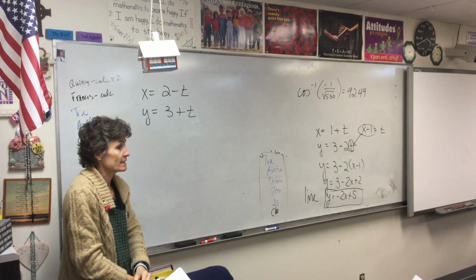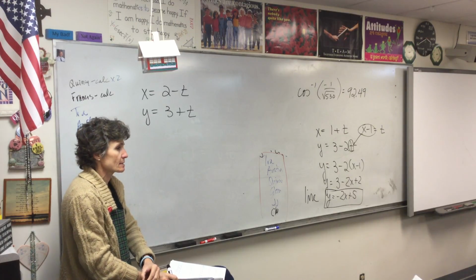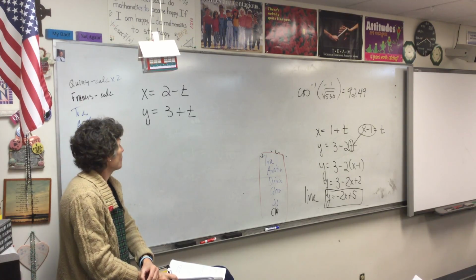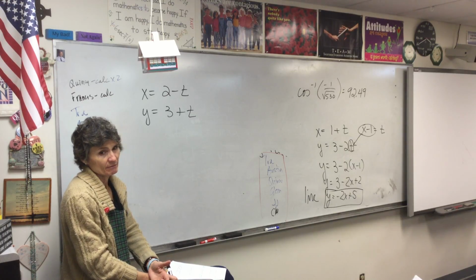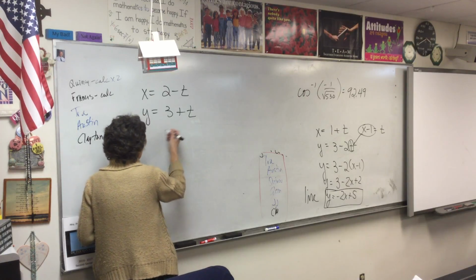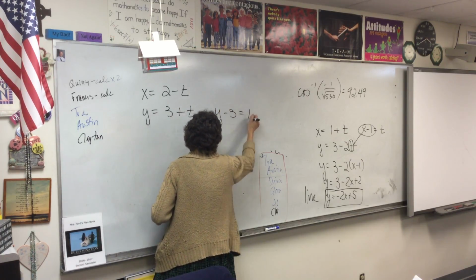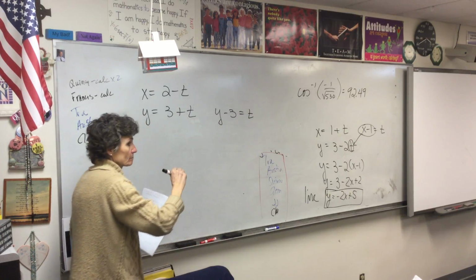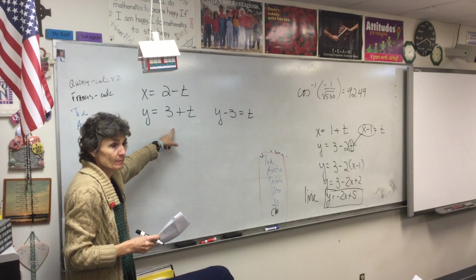Eliminating the parameter. We need to get t by itself. Which equation would be the easiest? Well, they're both easy, but maybe the bottom one, because then I don't have to mess with the negative, right? That negative messes me up sometimes. So this bottom one says what? Y minus 3 equals t. Everybody okay with that?